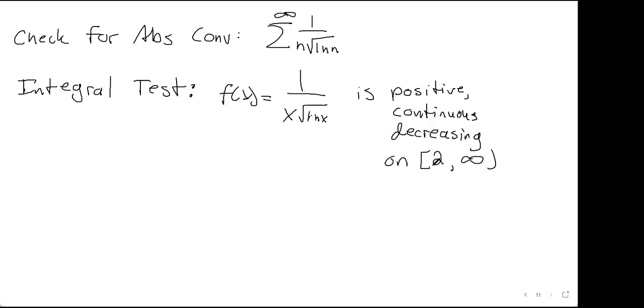And it's not so important that that 2 is the smallest number that works, but there has to be some point past which you miss all the asymptotes and you're positive and you're decreasing. So then we get to set up the improper integral.